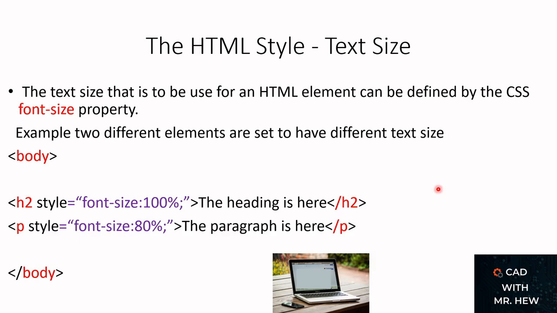So here we have an example. Here we have the H2 and it's set to style is equal to open quotation font-size colon 100% semicolon close quotation, and this will be applied to the heading that says the heading is here, okay?